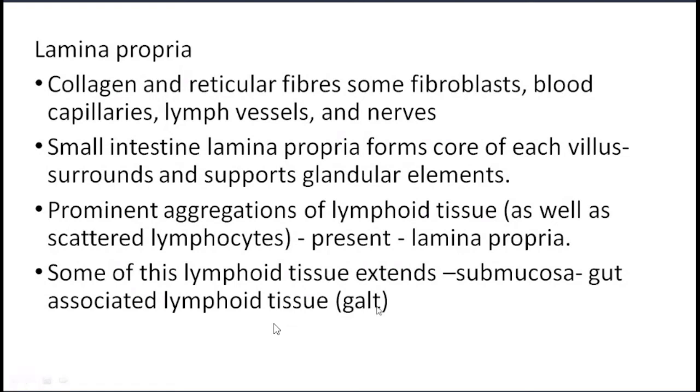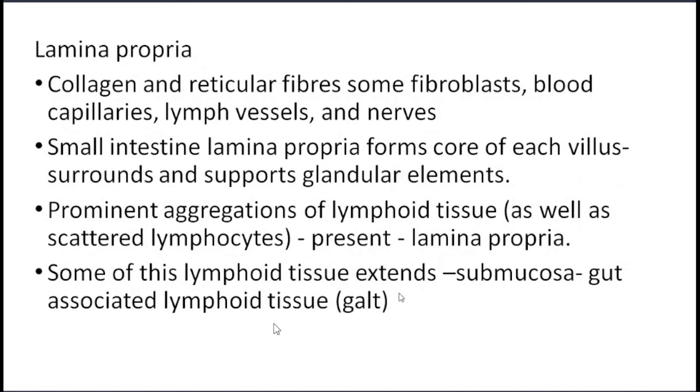It is asked in viva, what is GALT? GALT means gut associated lymphoid tissue. The aggregation of lymphoid tissue is mostly present in the lamina propria, but if it extends into the submucosa, then it is called the gut associated lymphoid tissue. So this is about the lamina propria.